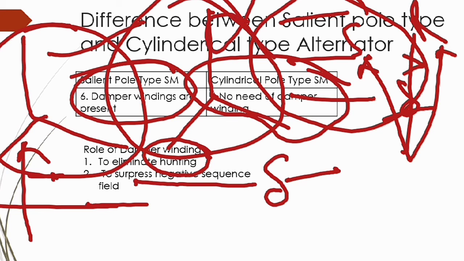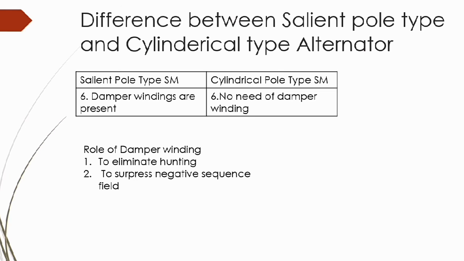We want the positive rotating magnetic field, we don't want the negative one. So due to the use of damper winding, we suppress the negative rotating magnetic field. That is the work of the damper winding.